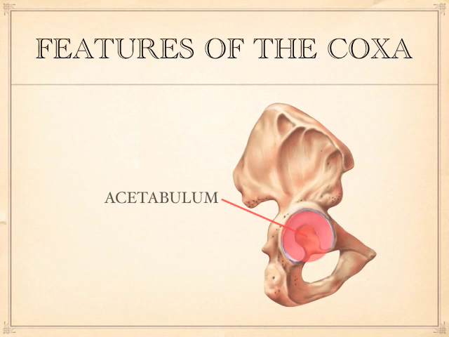If I give people a femur and a coxa, they put them together properly, right? Because that round ball-like end of the femur fits right into the acetabulum. So make sure you can find that. Very important landmark. This is where the 3 bones separate, all of that.